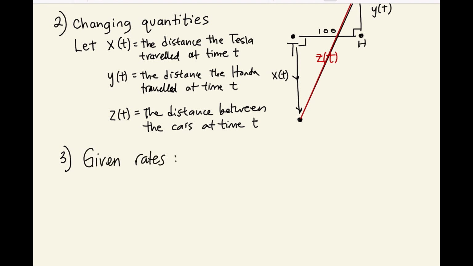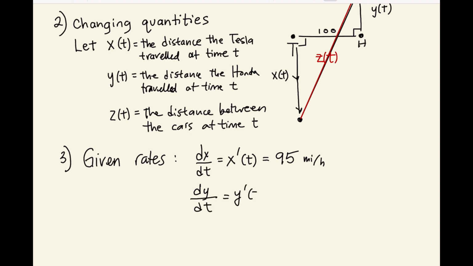We are given that dx/dt, or you could use x prime of t, or just x prime, is equal to 95 miles per hour. And we are given that dy/dt, or you could write y prime of t, or just y prime, is equal to 65 miles per hour.